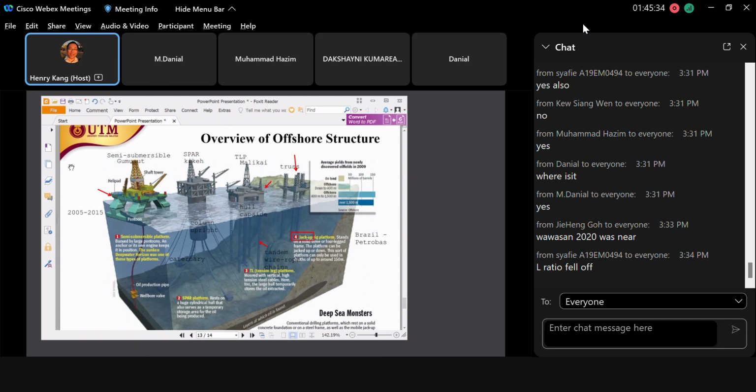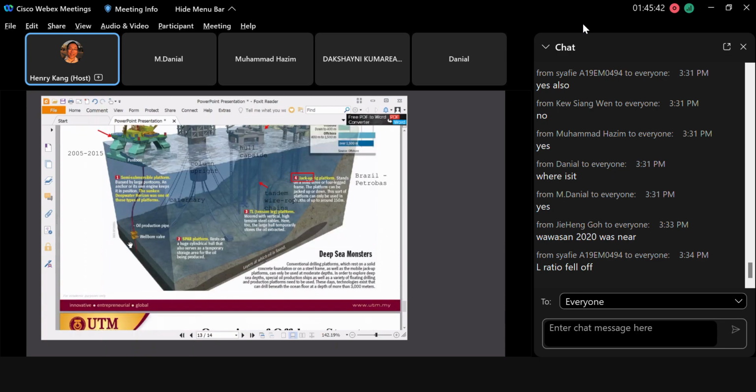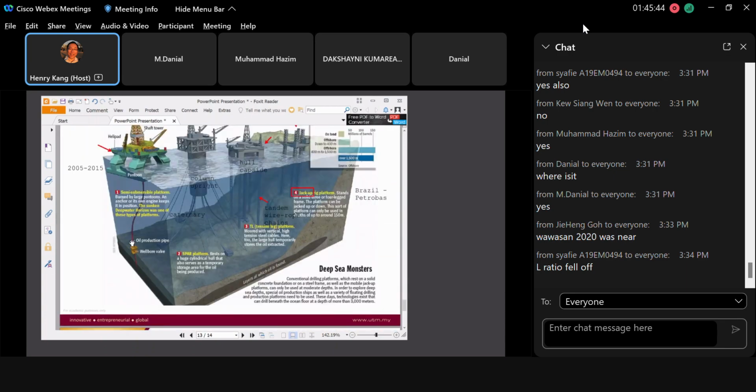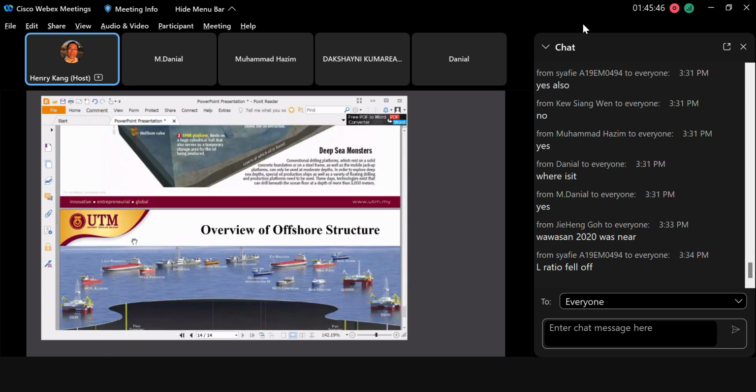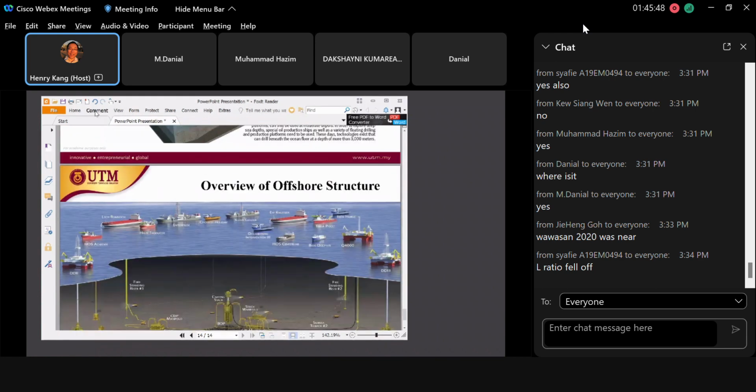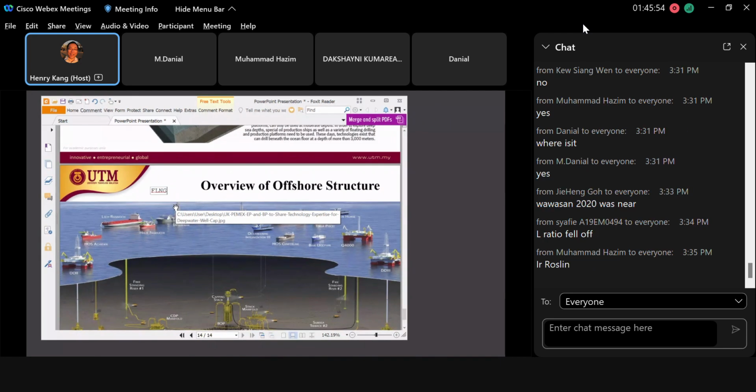So hopefully you are in the lucky batch. Malaysia also has the world's first FLNG production. Yes, we have FLNG 1 and 2.